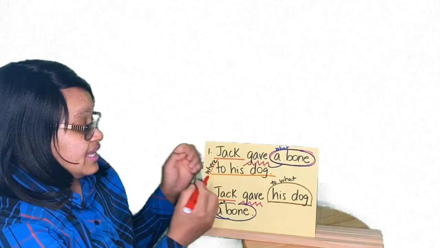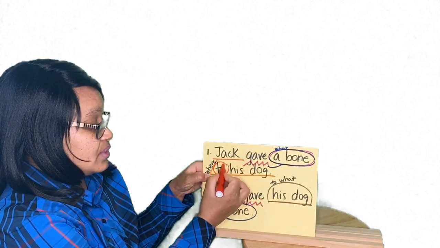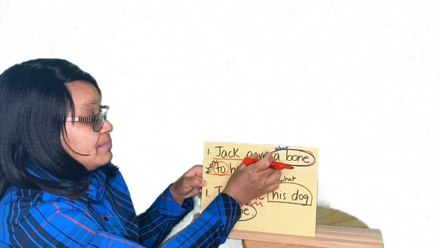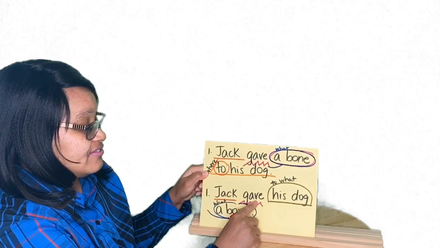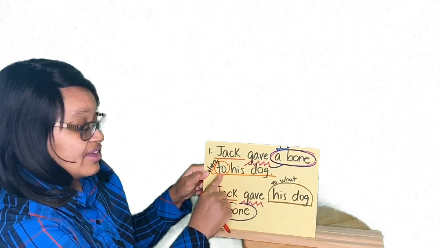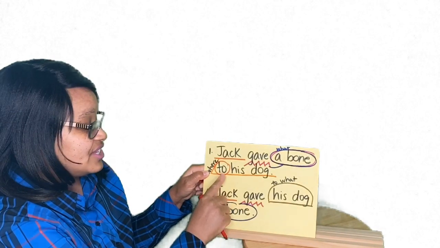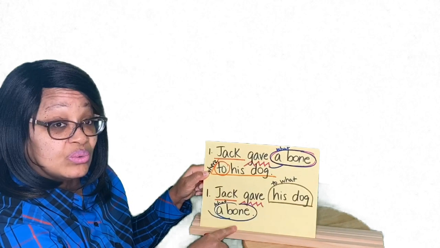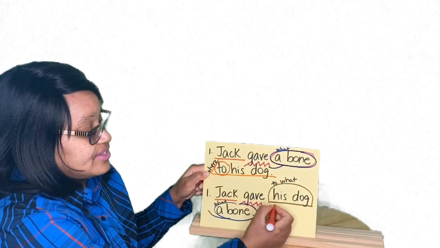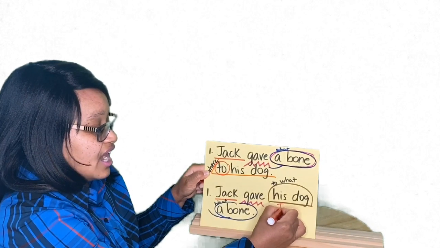So I can eliminate the to and move the where up here. And it becomes Jack gave his dog, I don't have to say to anymore because I answered that question. Jack gave his dog what? A bone. So now this is the indirect object.